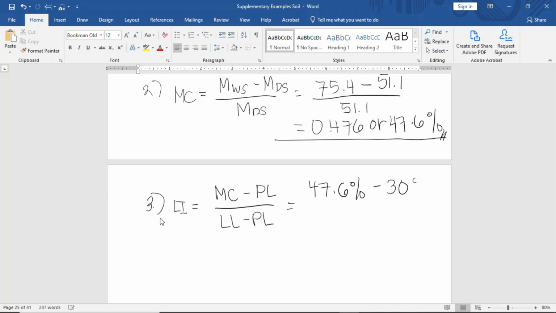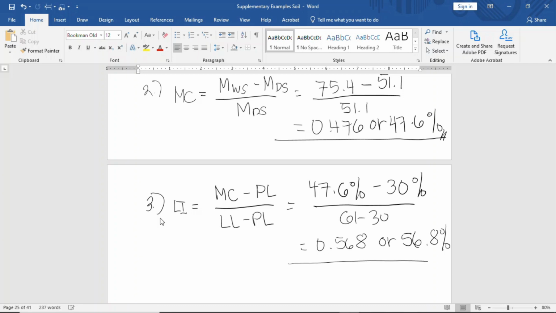So, minus 30% all over 61 minus 30 or 31 na lang ilalagay nyo kung mas ano sa inyo. So, sagot natin is 0.568 or 56.8%. So, ito na yung sagot natin para sa liquidity index.